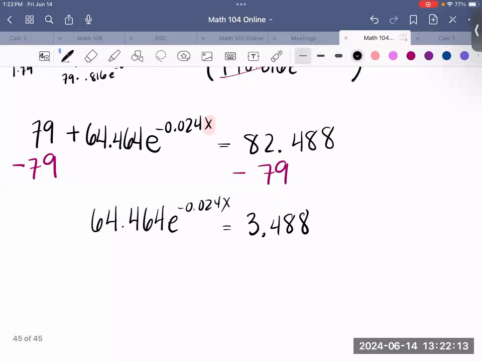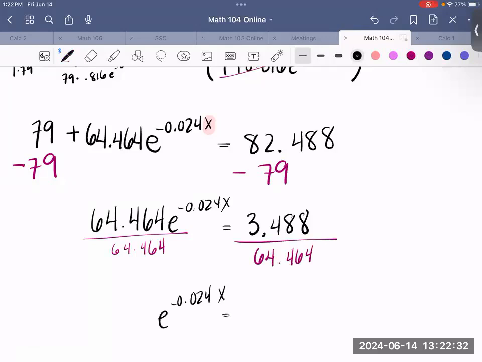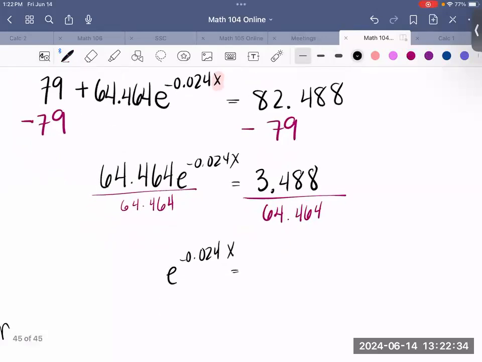And now we can go ahead and divide. 64.464 is just the coefficient of e for right now. We're getting closer, believe it or not. Okay, now how do we get rid of e?